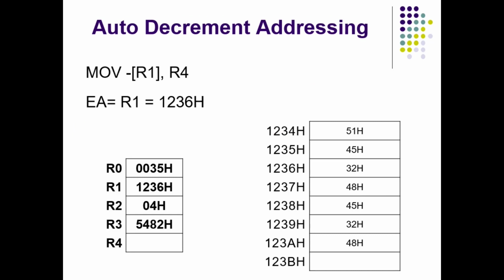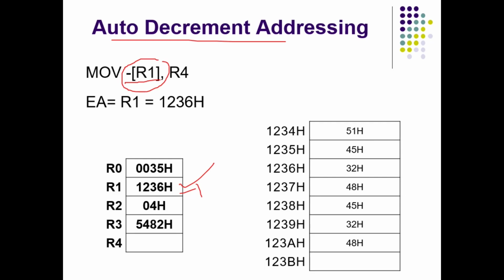So here is an example. I am using the R1 register as indirect addressing with a negative sign before it. So this is auto decrement addressing mode. What is the actual effective value of the source operand? We will consider R1 first, that is 1236H, then decrement it by 1.